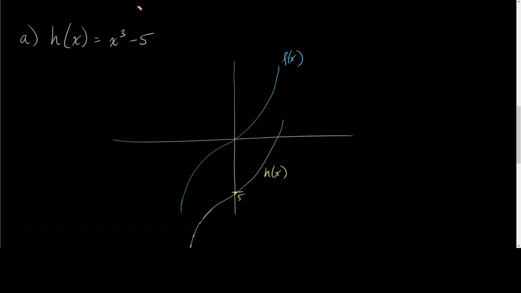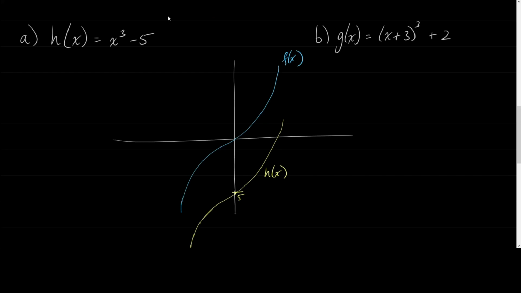Now, let's do another example. Let's say that I have g of x being equal to x plus 3 cubed, and then that plus 2. Let's see what's actually going on there.